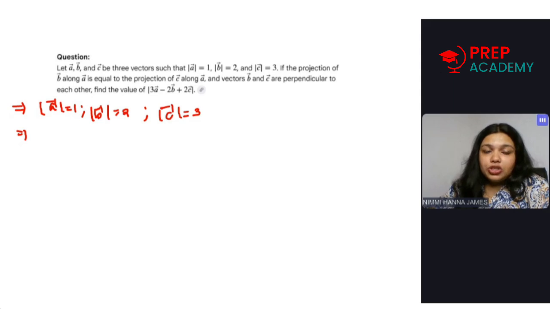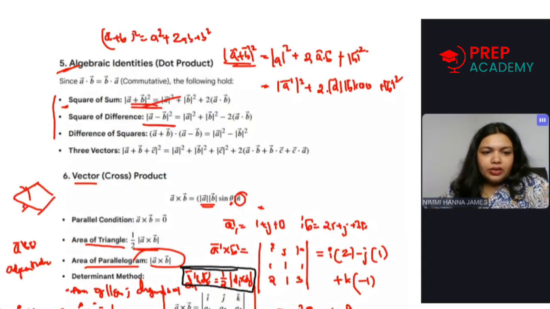So what is the equation for projection of B along A? It is A dot B on the numerator, and along A, so modulus of A is in the denominator. Let me check.